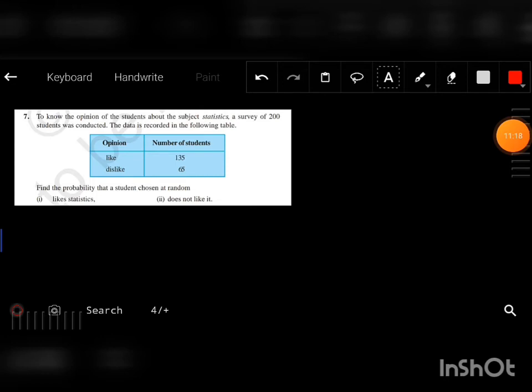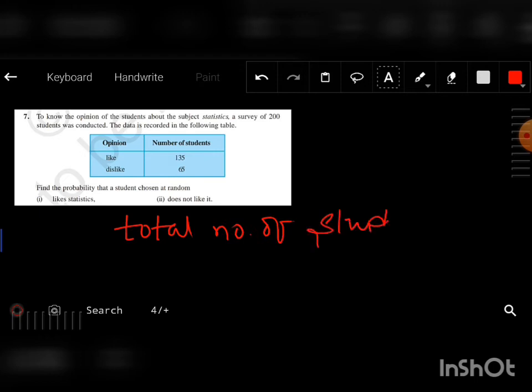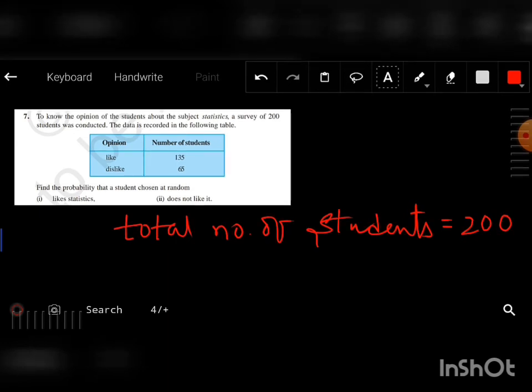From the question it is clear that the survey is conducted on 200 students. So total outcome equals total number of students equals 200. So let us first find the number of students who like statistics.